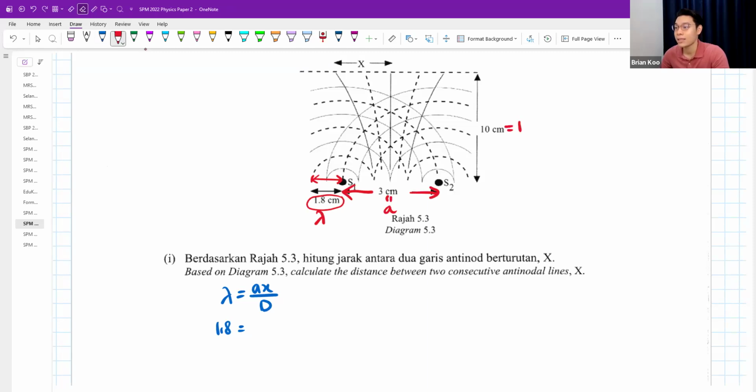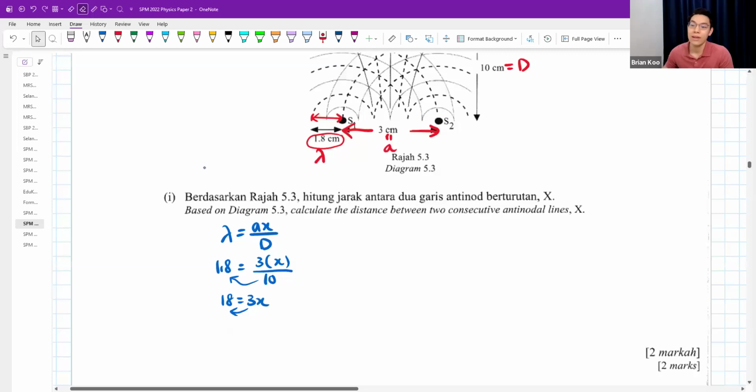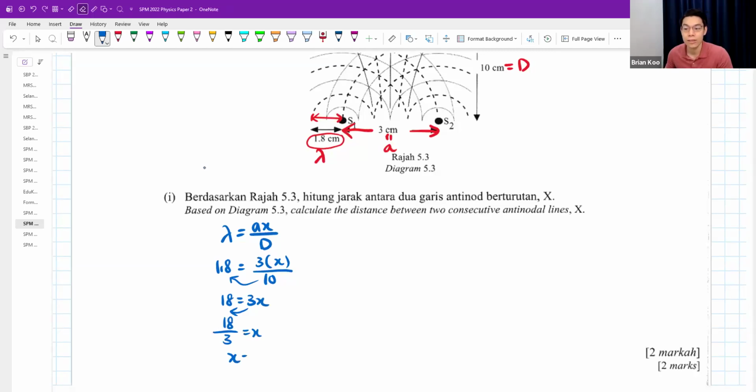The 10 cm is the D value. Just put everything in. So 3 multiplied by X divided by 10. Then you do your working. This one multiply, you get 18. This one you divide by 3. 18 divided by 3 is 6 cm. There you go.